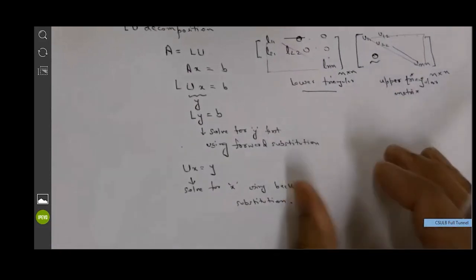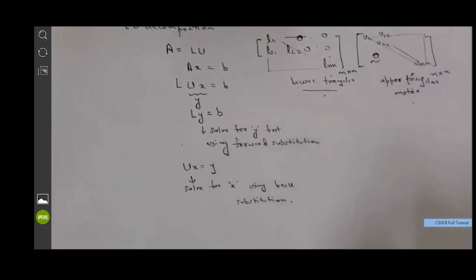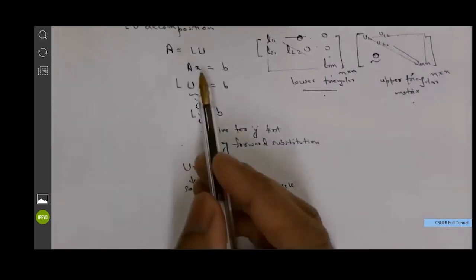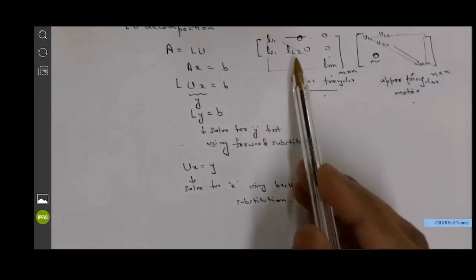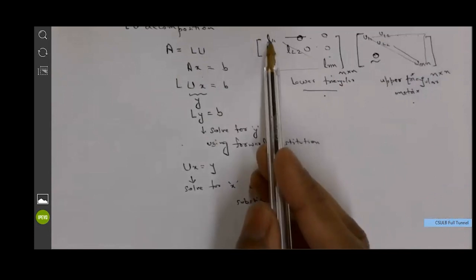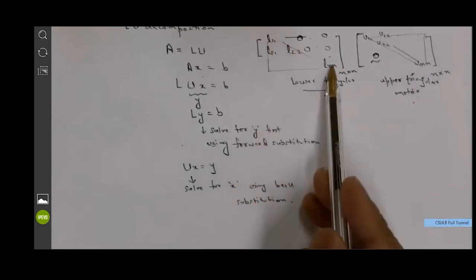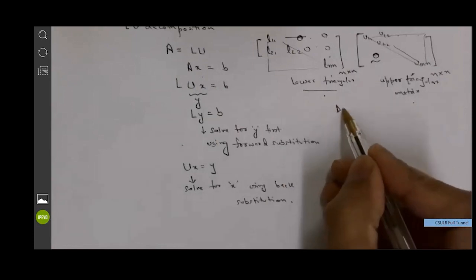Okay, so having got your lower triangular matrix and upper triangular matrix, then we solve for the unknown X here. We also discussed how to get this lower triangular matrix and upper triangular matrix. If you force all the diagonals of the lower triangular matrix to be 1, we get Doolittle's algorithm.